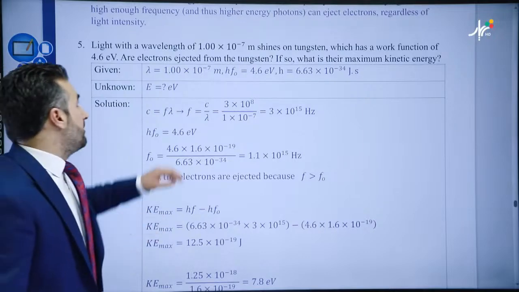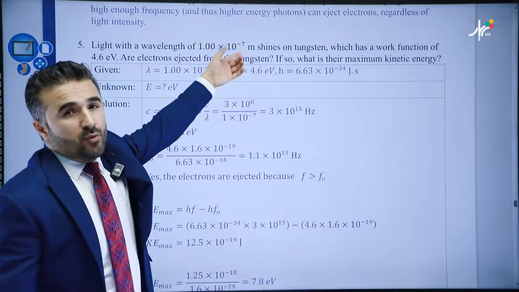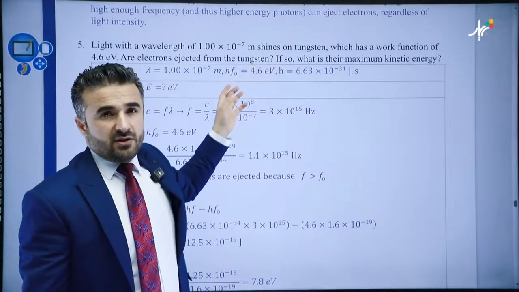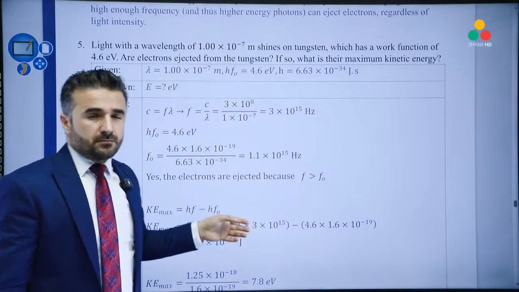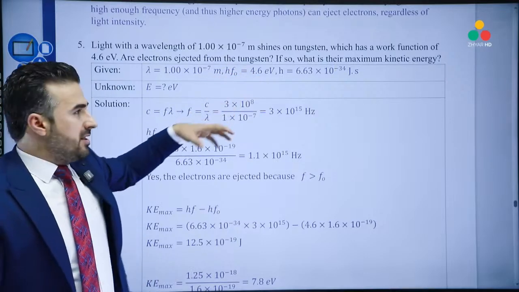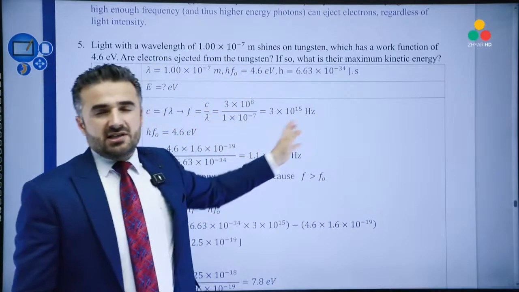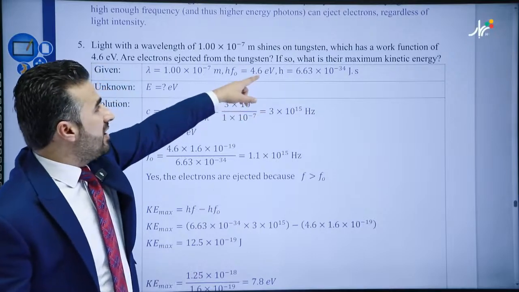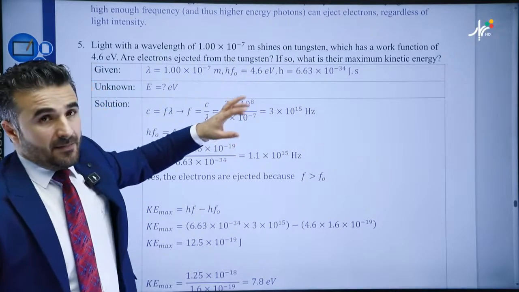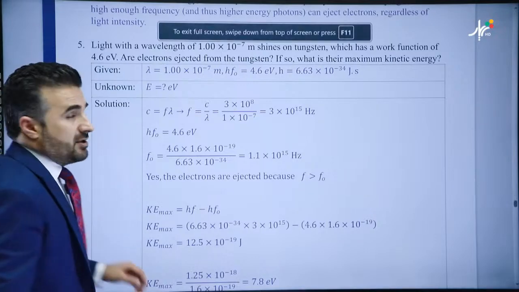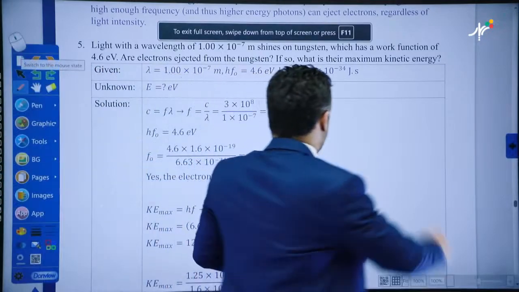So we have two things here. We have the wavelength, but what do we use this wavelength for? We'll find the frequency with it, then after that we'll have the energy of the incident photon, and then we'll subtract the work function, because the question says what is their maximum kinetic energy? So normally, maximum kinetic energy is equal to the energy of the incident photon minus the work function.